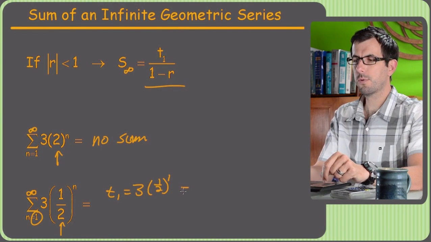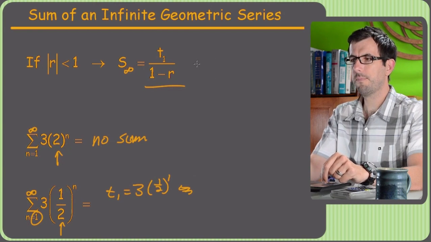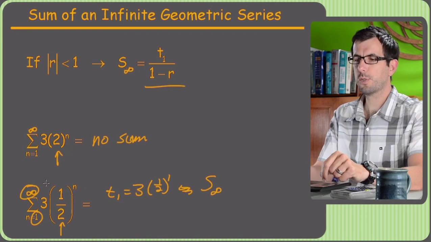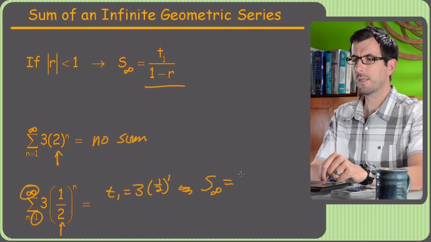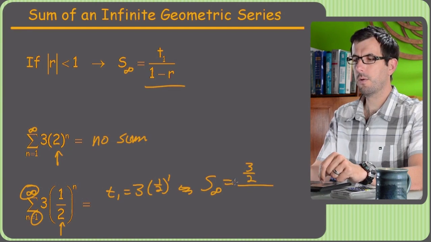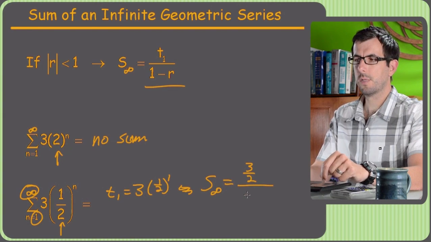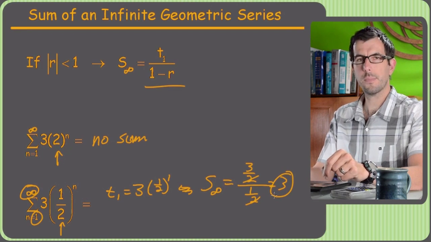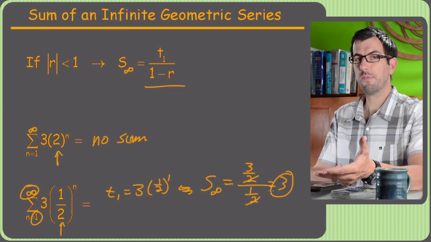So my infinite sum of infinity terms, because I have an infinity up here, which means infinite series, is going to equal t sub 1, which is 3/2, divided by 1 minus r, 1 minus 1/2, which is 1/2. The 2's will cancel and we get 3. So not too bad, right? Sum of an infinite series.